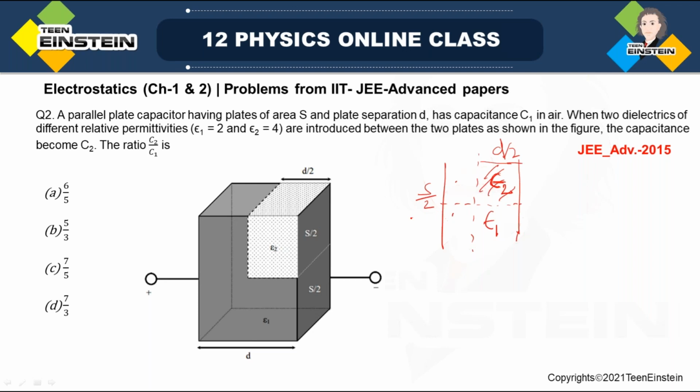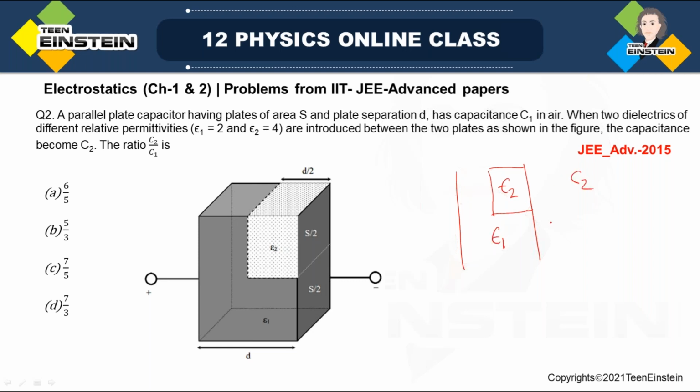In this case, this is positive, this is negative. That means when I have this separation, and epsilon 2 is introduced in this half area and half thickness, half of the space in between the plates, with epsilon 1 all over the rest, then the capacitance becomes C2.